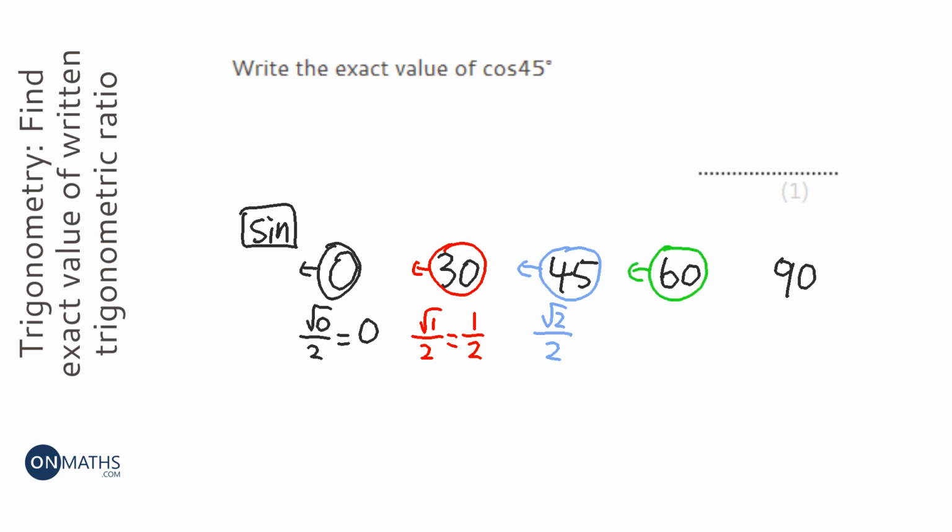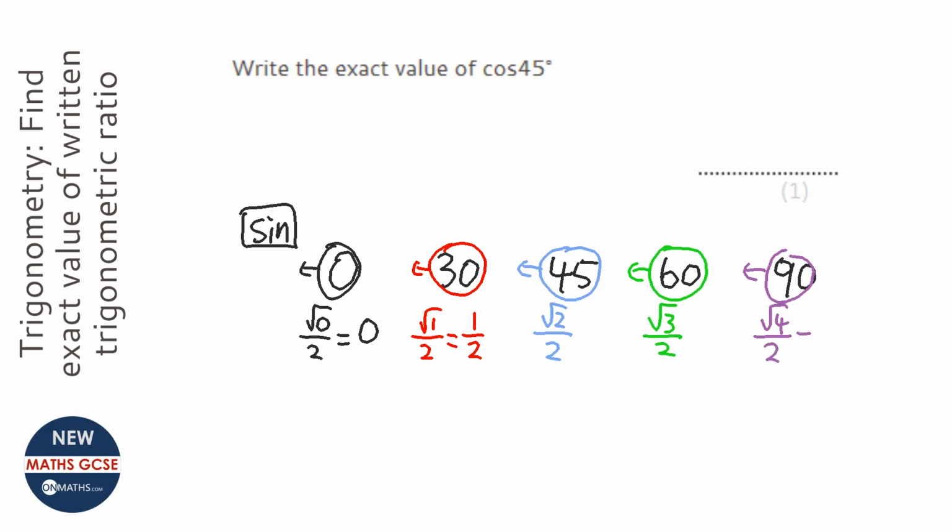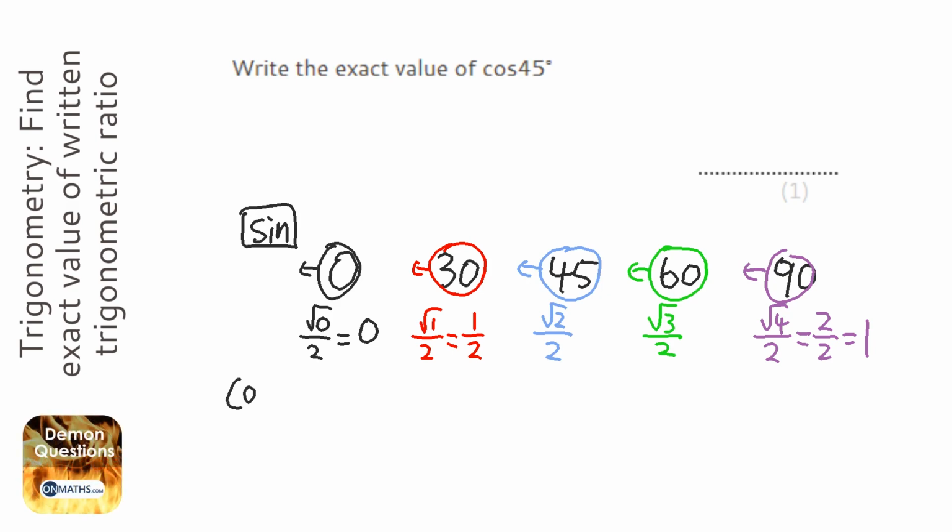Sine 60: 3 numbers on the left this time, so root 3 over 2. And finally 90: there's 4 numbers on the left, so root 4 over 2. Now root 4 is 2, so it's 2 over 2, which is just 1. And that's sine done.